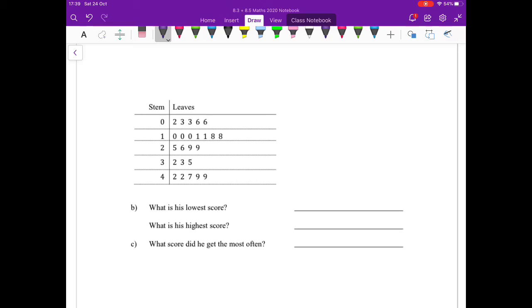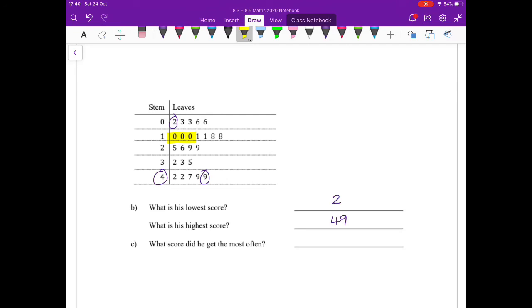We now have an ordered list. What was his lowest score? So the lowest score was 2, and the highest score was 49. Which did he score most often? Well, you can see the most often are the 3 zeros here.